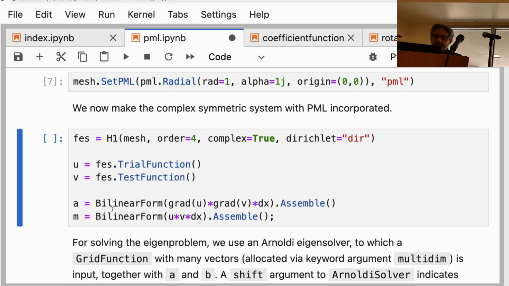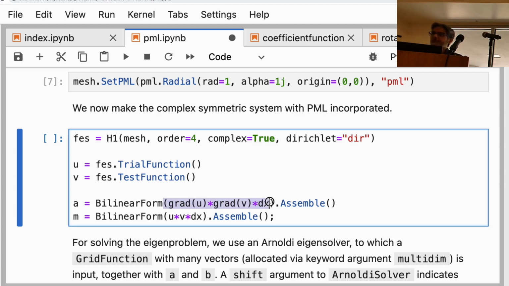Here is the standard bilinear form of the Laplacian. Here is the standard bilinear form for the mass matrix. What is hidden here is that the mesh already has this complex transformation in the PML. So when I say it's a standard Laplacian, it's the Laplacian with the PML in it.